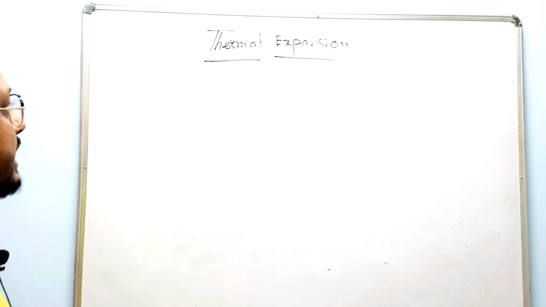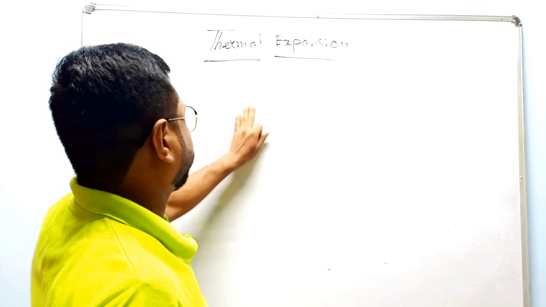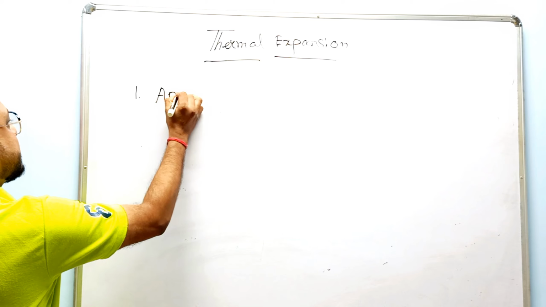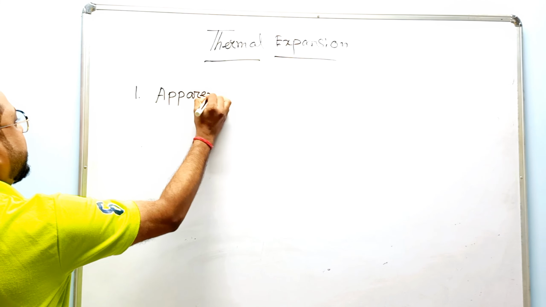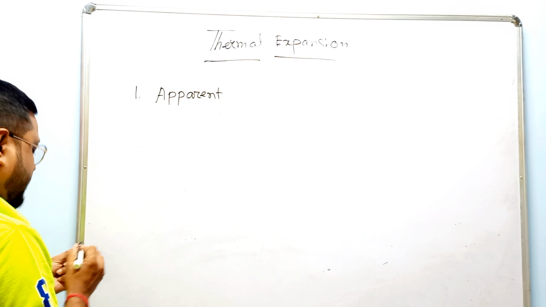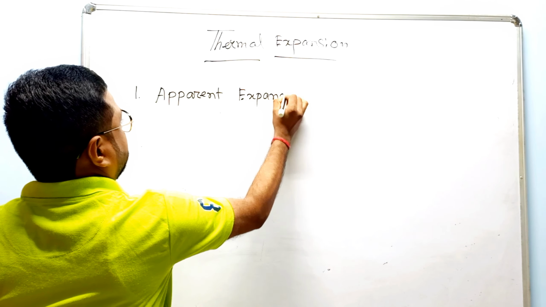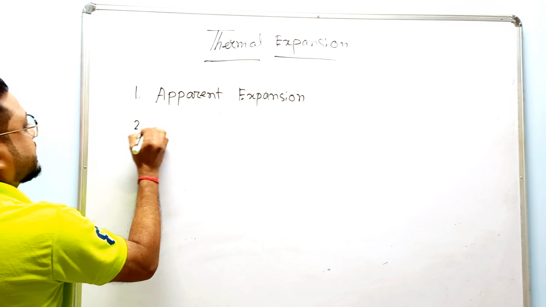Liquid has two types of expansion. One is apparent expansion and the other is real expansion.